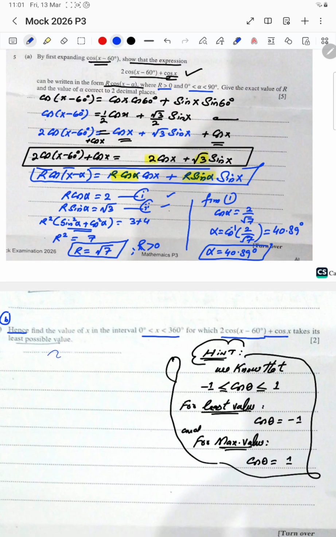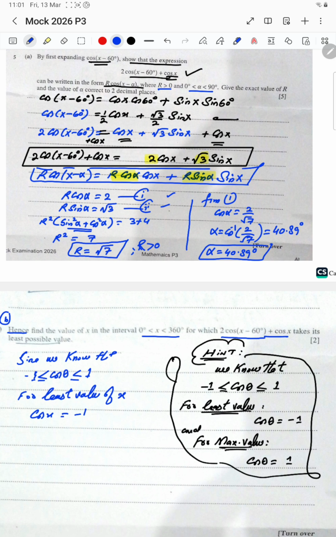So here I'm going to solve this. Since we know that cos theta is lying between minus 1 and 1 inclusive, for the least value of the expression, cos of x minus alpha should equal minus 1, right?